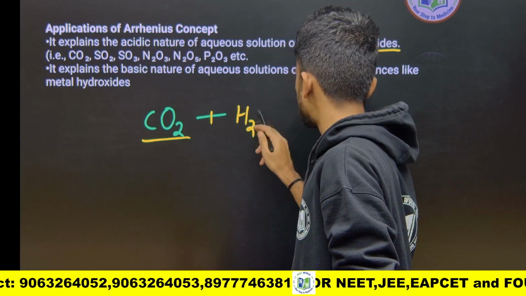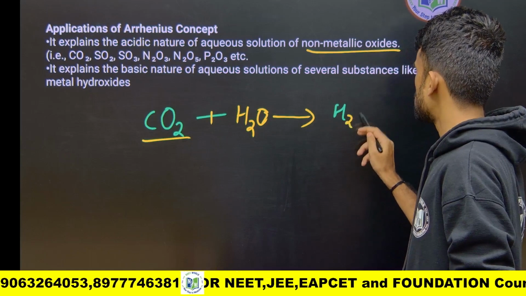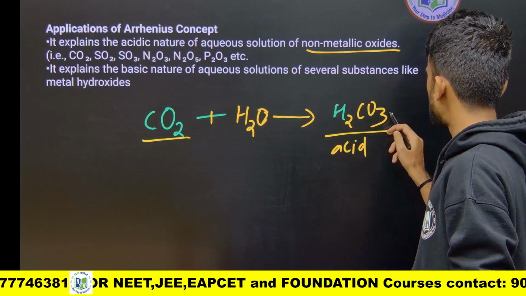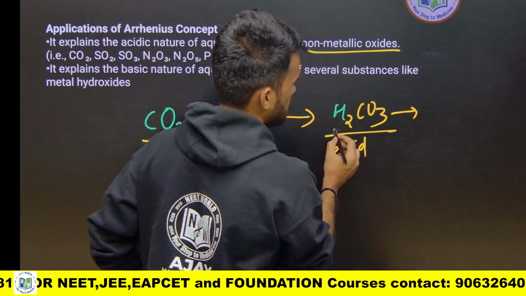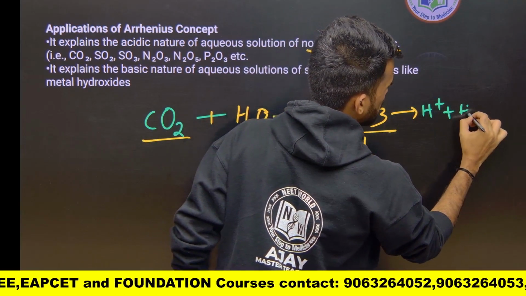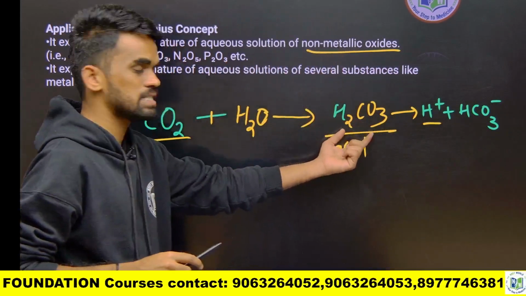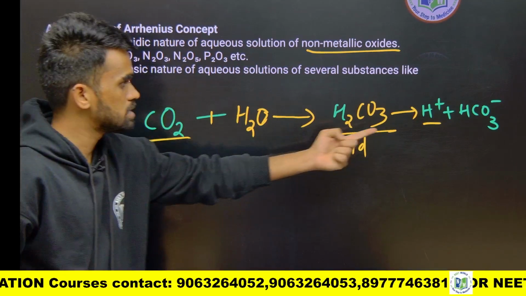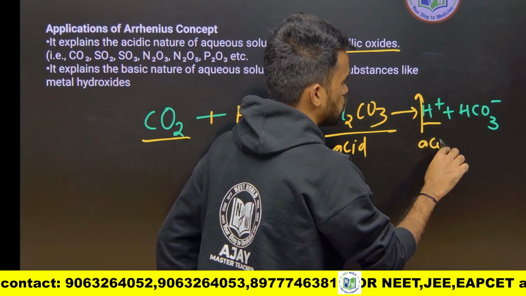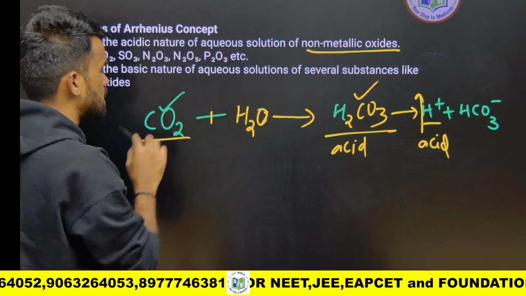When we add water to this, the resultant compound is carbonic acid, H2CO3. This is an acid now. It releases H plus ions, like it has 2 H plus ions. It releases like this, H plus plus HCO3 minus. See, the resultant compound formed is releasing H plus ion. Therefore, I can call this an acidic solution, the compound an acid and the oxide an acidic oxide.